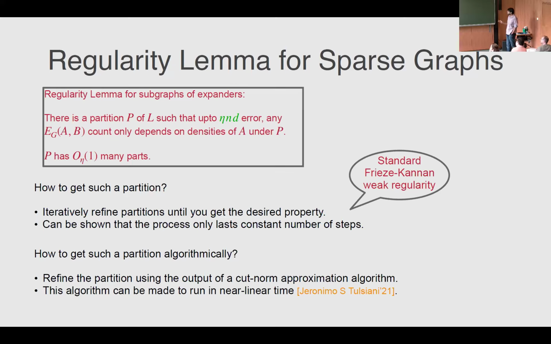In a different context, we showed that this cut norm approximation algorithm can be run in near linear time. It's based on solving and then rounding an SDP, and that SDP can be solved in near linear time. This is the only nonlinear time step of the algorithm. Everything else is just linear.